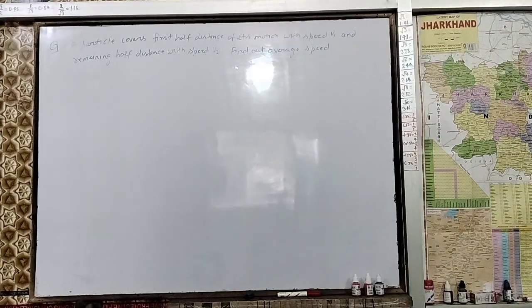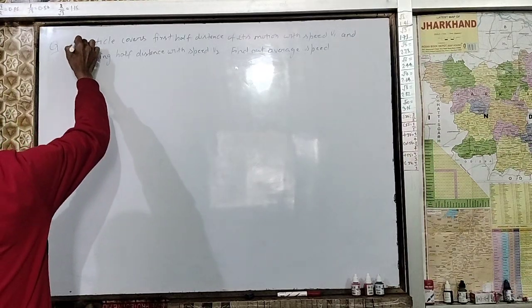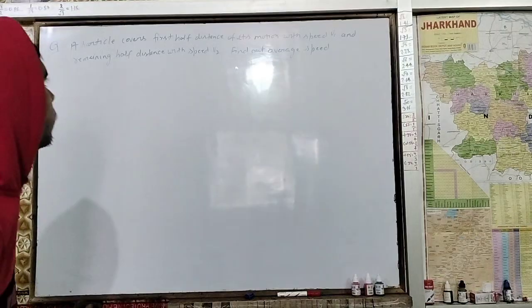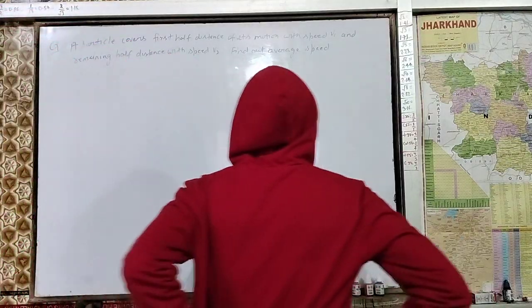There is no problem in this question. We just read the question, then try to understand what we are getting from it. A particle is covering the first half distance.